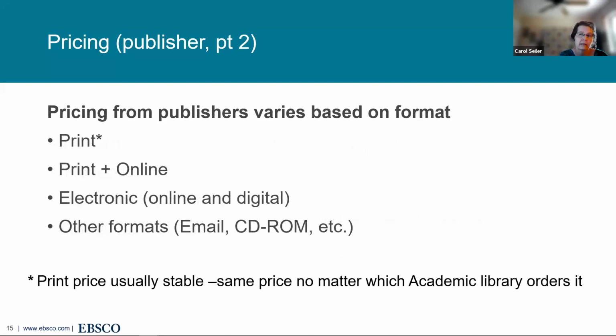Usually it's the same price, regardless of who's buying it in the academic library, whether it's UC Berkeley, Colon College, University of Tennessee, New York, Columbia, you're going to pay the same exact price for the print. Where the price difference comes in is when you bring in that electronic element, and we'll look at why that happens. So print plus online, electronic, meaning both online and digital, and other formats.